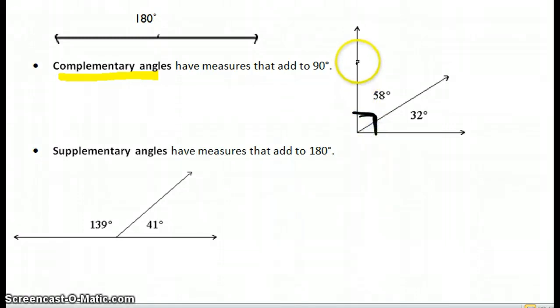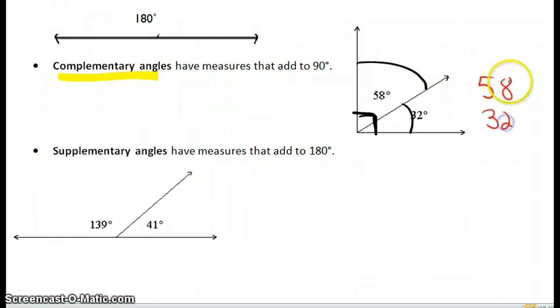But I have two angles that made up a total of 90 degrees. I have 58 degrees and I have 32 degrees. And if I added those two angles together, I would get 90, which means they are complementary.